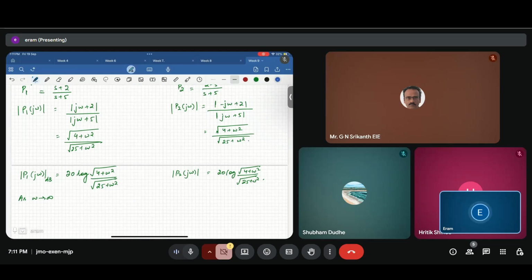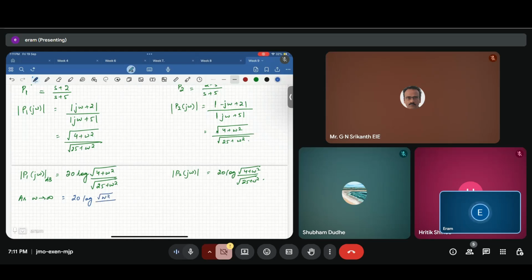Now if omega is very large, what can we write? We can write it as 20 log. If omega is very large and we are adding a very small number 4 to it, that is irrelevant, so the numerator we approximate as square root of omega square.